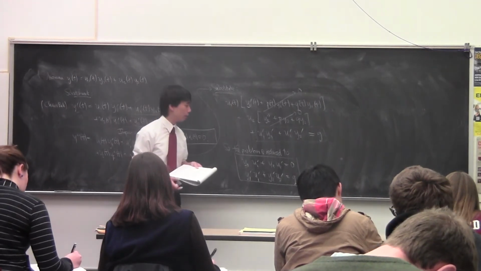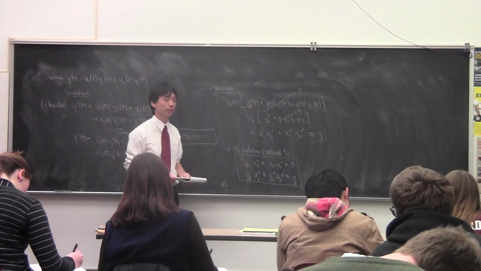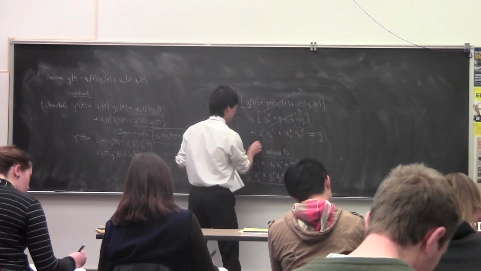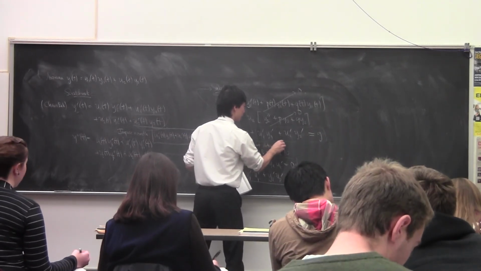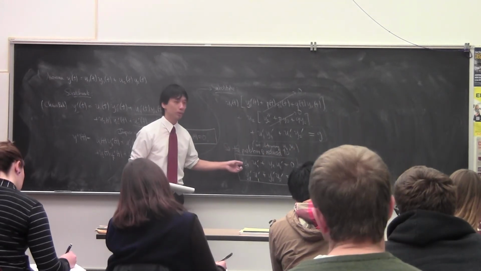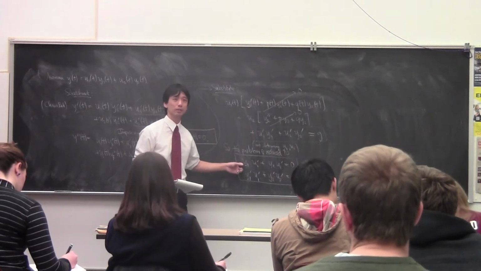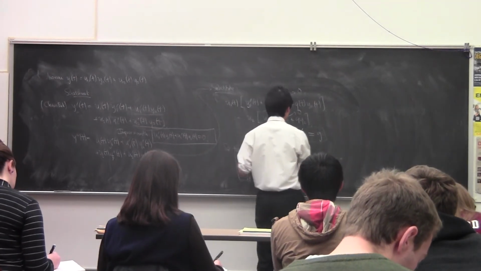We want to figure out what u1 and u2 will be. The problem of determining u1 and u2 changes to this problem. u1 and u2 need to satisfy this. If we can find u1 and u2 that satisfy this, we're good.